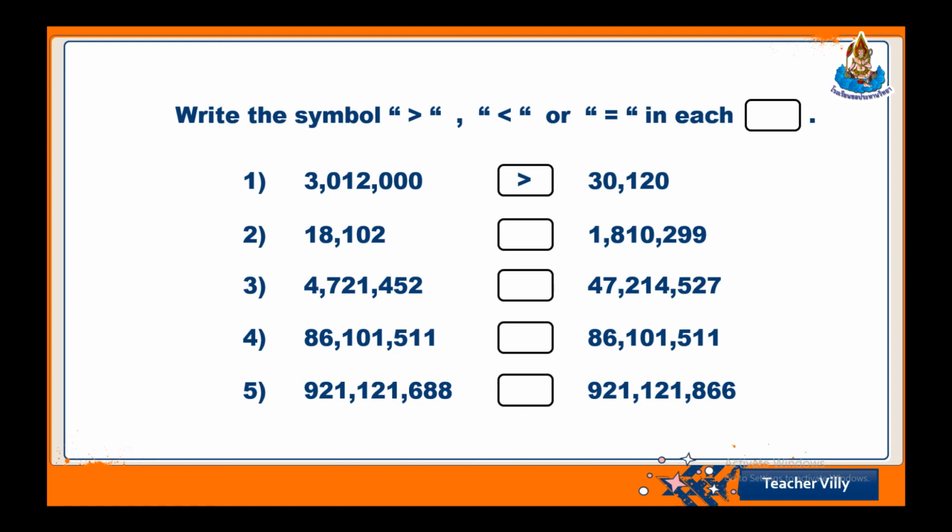Number 2. 18,102 is less than 1,810,299. Great job.